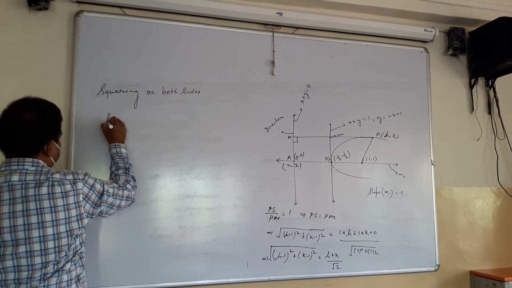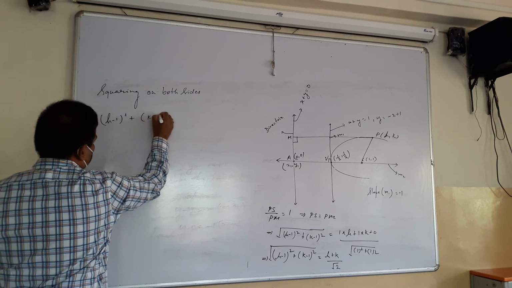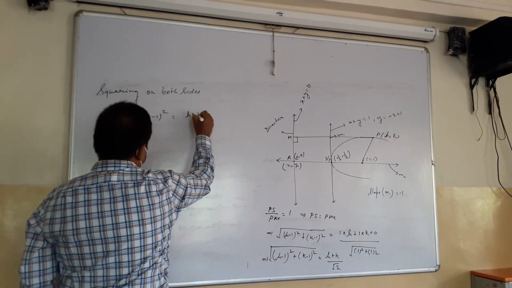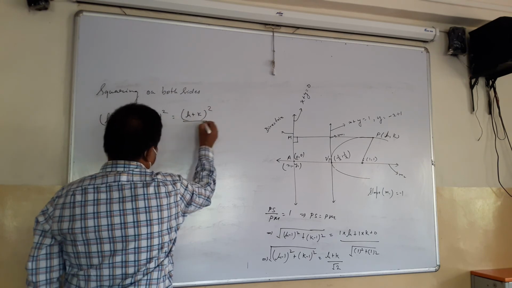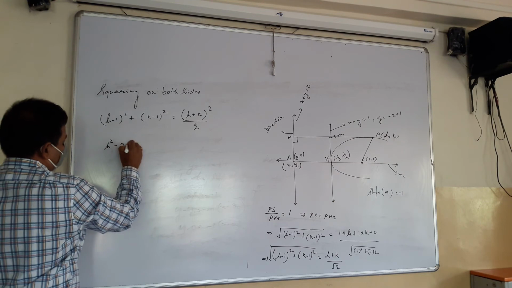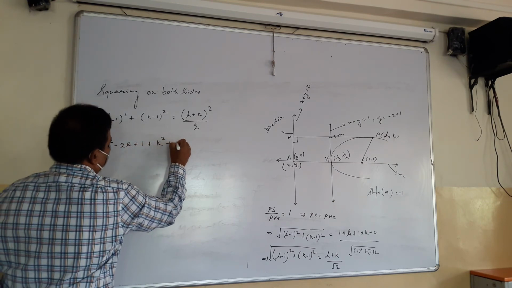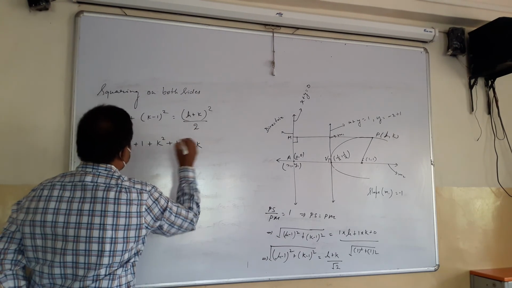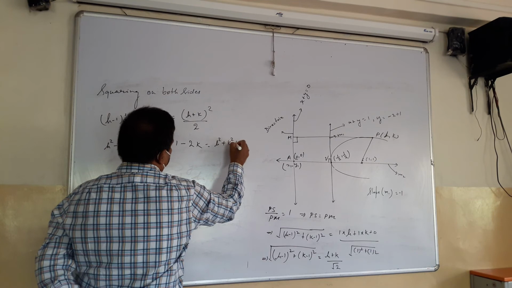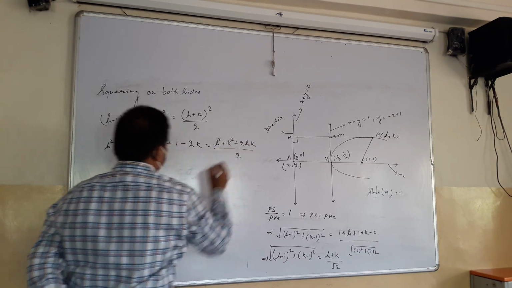So h minus 1 whole square plus k minus 1 whole square is equal to h plus k whole square by 2. So here it becomes h square minus 2h plus 1 plus k square plus 1 minus 2k, equal to h square plus k square plus 2hk divided by 2.